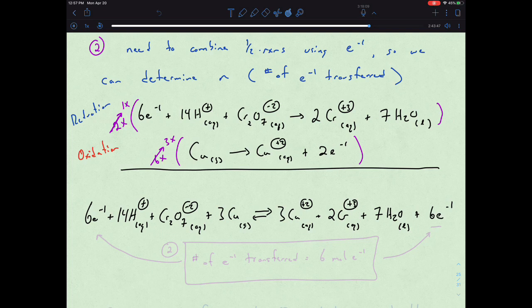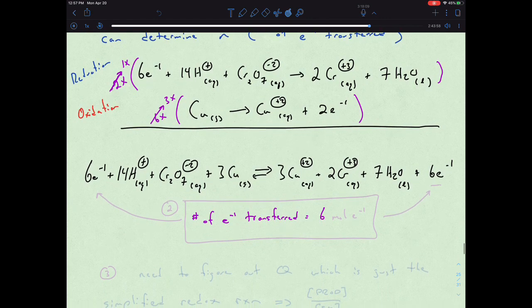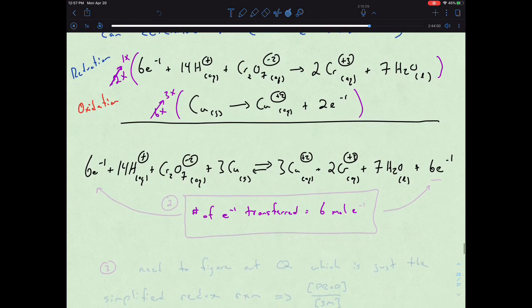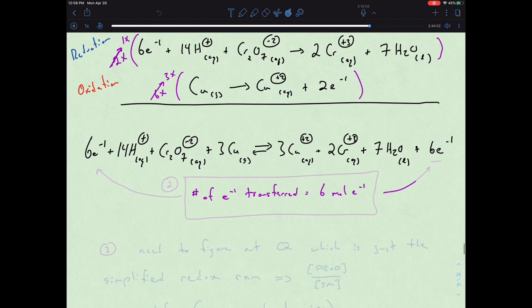And so there is our number of electrons transferred, which equals 6 moles of electrons. And we get that from that cross multiplication feature.